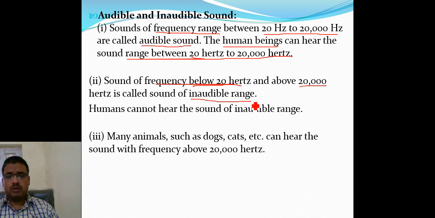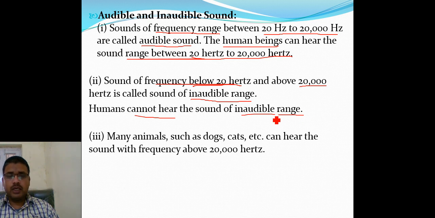That means if the frequency of the sound is less than 20 hertz, or the frequency of sound is more than 20,000 hertz, then it is inaudible. The human cannot hear this sound, and that's why it is not in the range of 20 to 20,000 hertz.